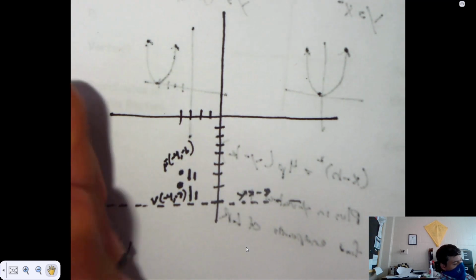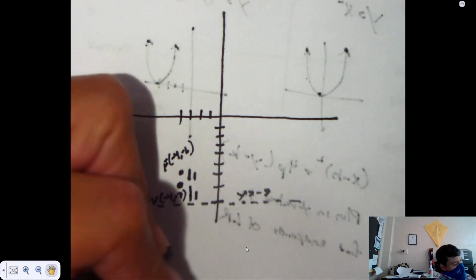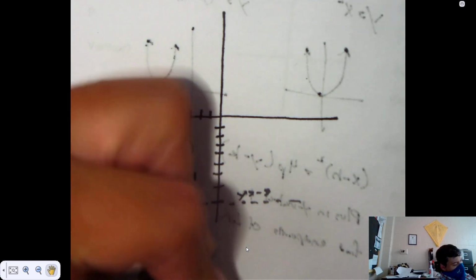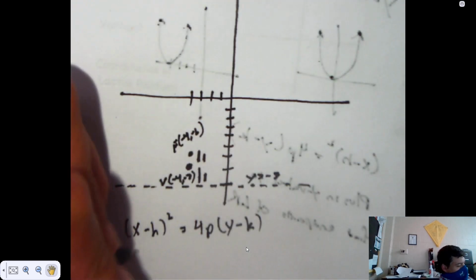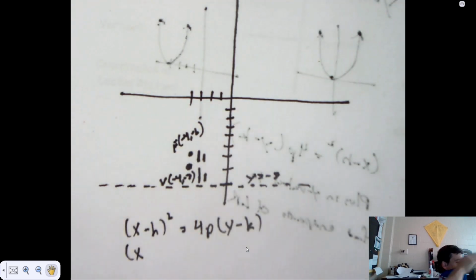Up-downs is where x is squared. What can I plug into h and k? The vertex. So x what? Plus 4. You look at the vertex, kids. You don't look at me. You look where it talks about the vertex.